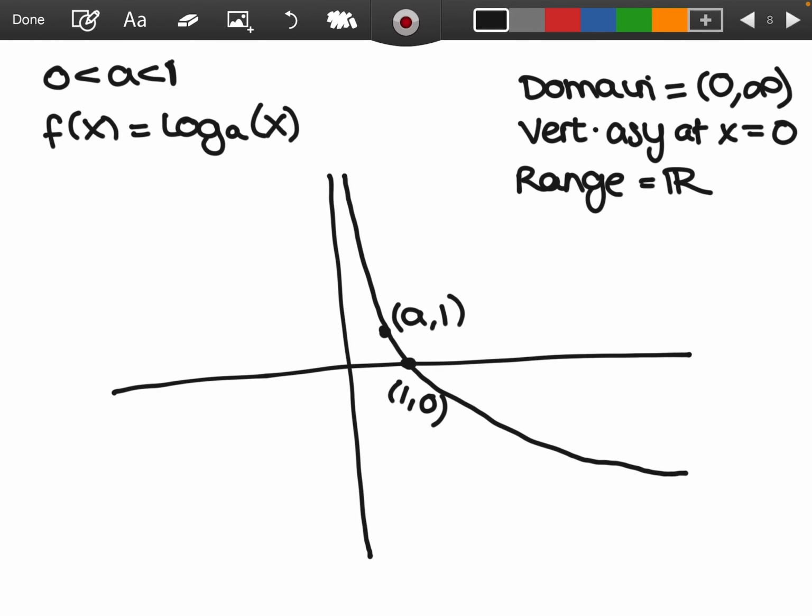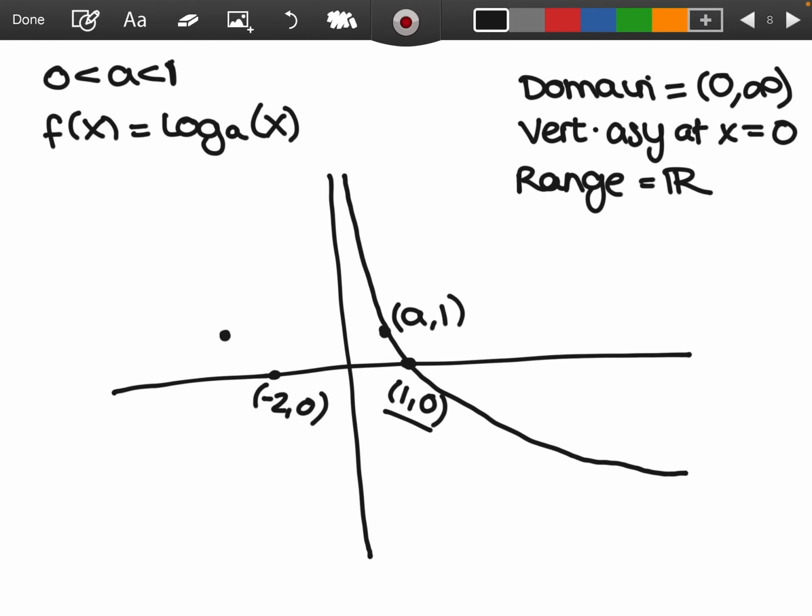So if I take my graph of log base 1/2 of x, it's going to resemble this graph here. I'm shifting it left by 3 units, meaning that this point (1, 0) is going to go to (-2, 0).